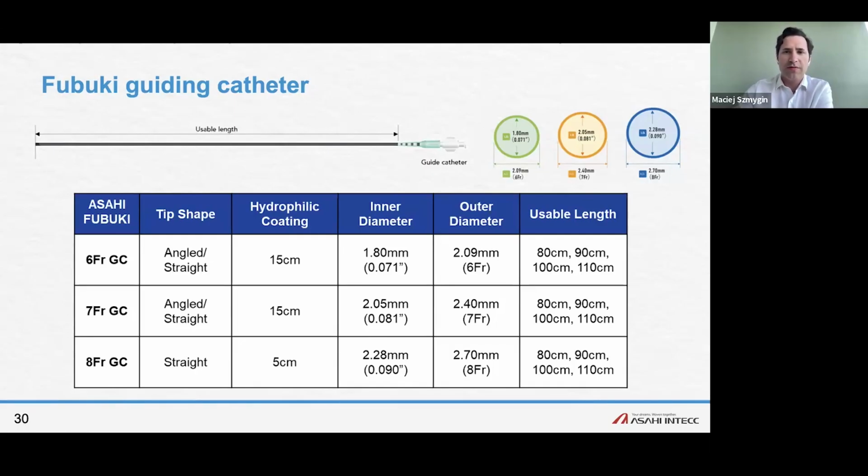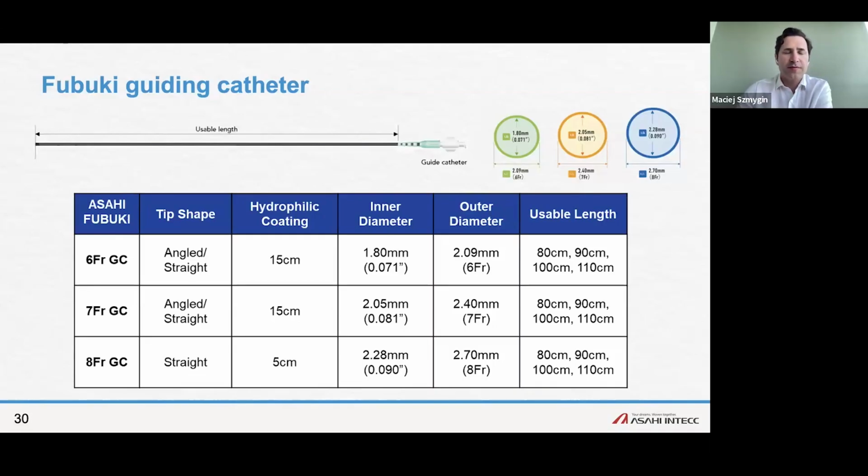And we also have different lengths. So it's up from 80 to 110 centimeters. It covers 99.9% of every patient.